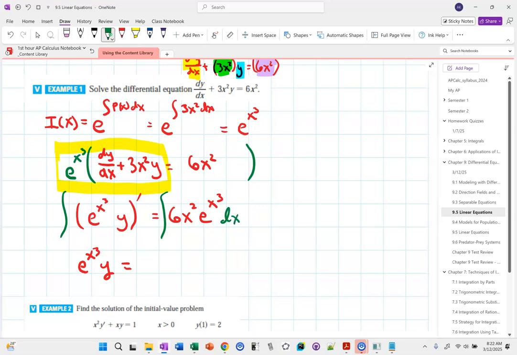There's a u subproblem, right? What should be the u? X to the third. So du dx is going to be 3x squared, or du is going to equal 3x squared dx, right?